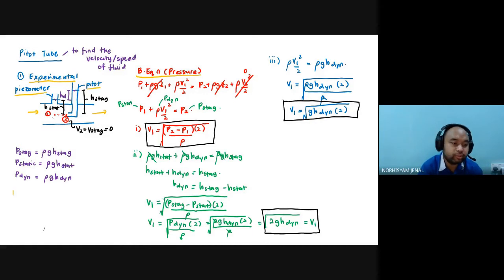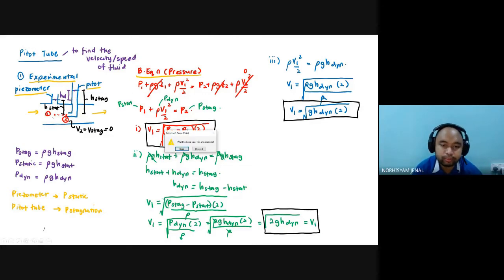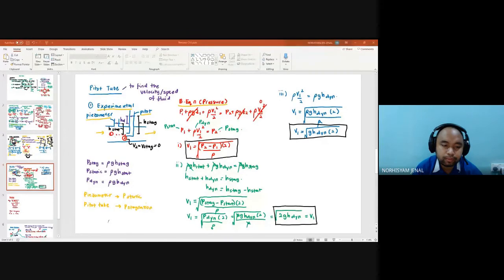All right, so if you have a piezometer, doesn't matter which question that you see, piezometer is used to find static pressure. Right, and then pitot tube is used to find stagnation pressure. How do we find this? Through the height of the liquid inside the column or inside the tube. Right?